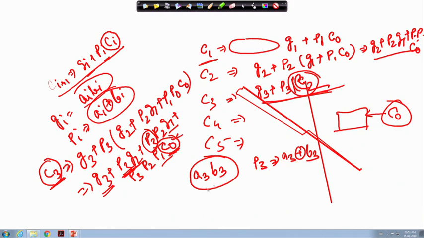So this carry does not depend on the previous carry, which happens in the ripple carry adder.